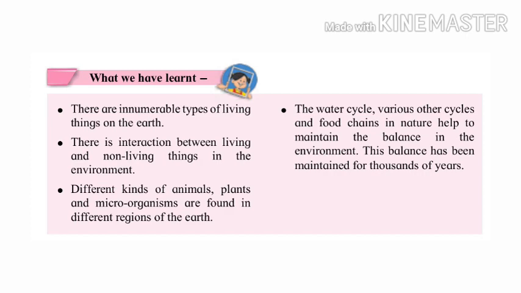Third, different kinds of animals, plants and microorganisms are found in different regions of the earth. The water cycle, various other cycles and food chains in nature help to maintain the balance in the environment. This balance has been maintained for thousands of years.